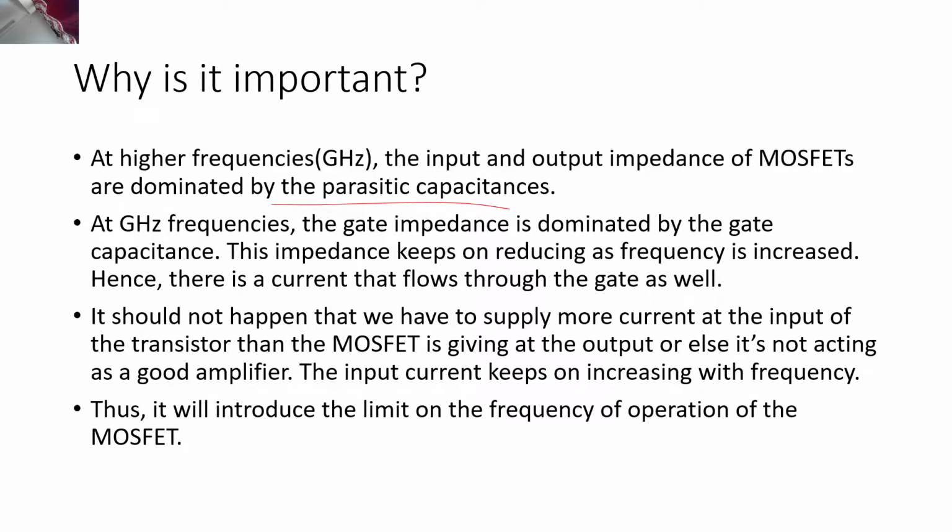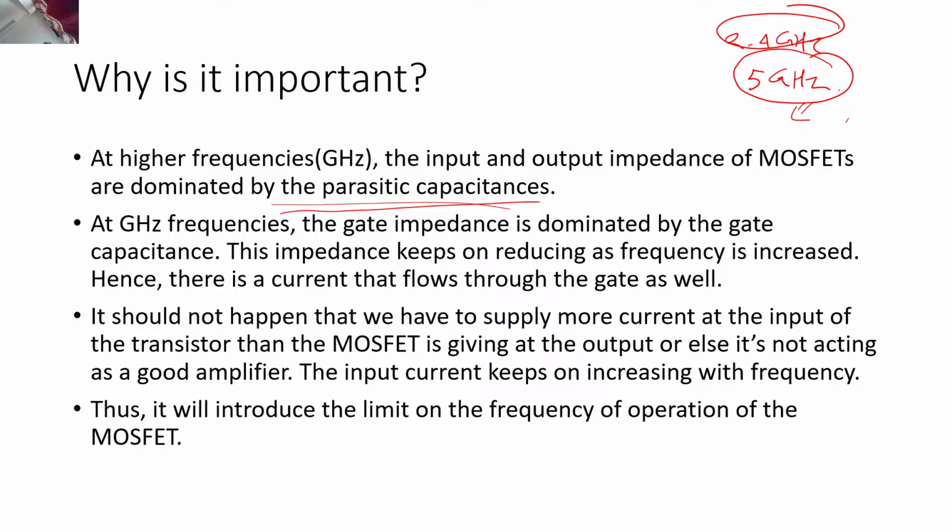The signals are coming onto your mobile, with frequencies around 2.4 gigahertz as the first band and 5 gigahertz as the second band, right? You want your circuits to actually operate at 5 gigahertz and 2.4 gigahertz. At such frequencies, your parasitic capacitances start dominating. They present a lower impedance, and you cannot say that your MOSFET's input has an infinite impedance there, right?